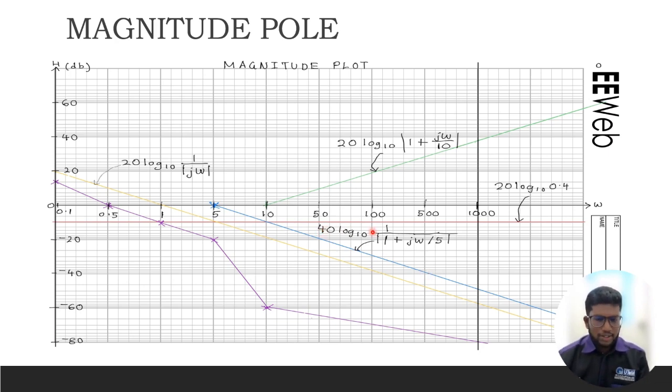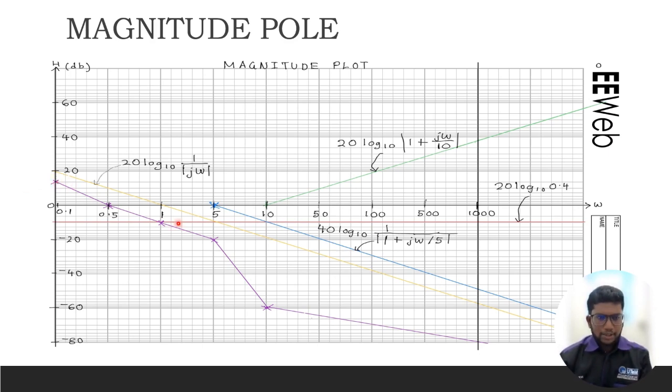This is the value of the simple pole, 40 log 1 over |1 + jω over 5|. This is the blue line for the simple pole. Next I'm going to explain about the resultant.